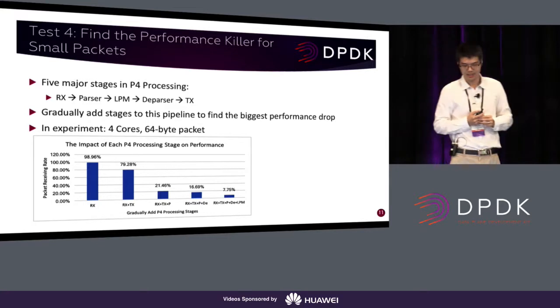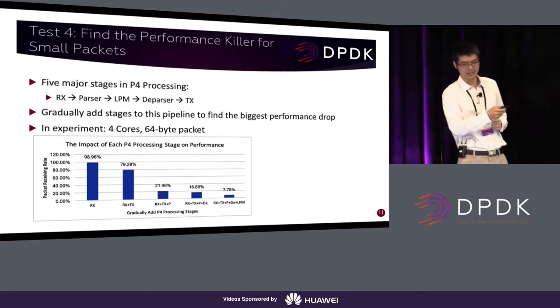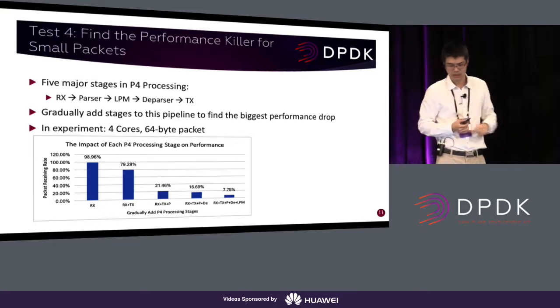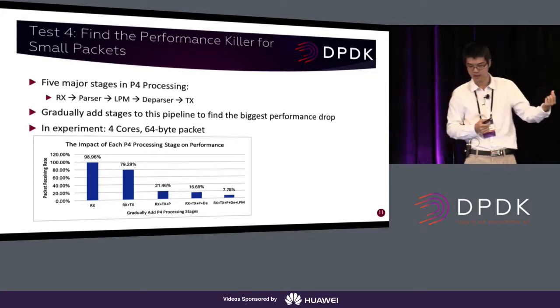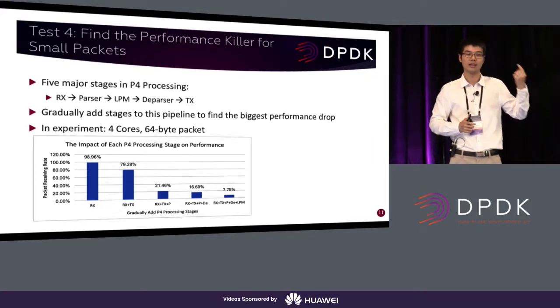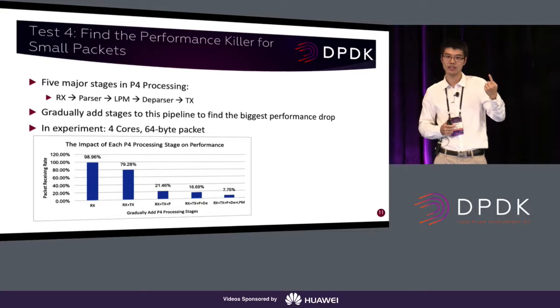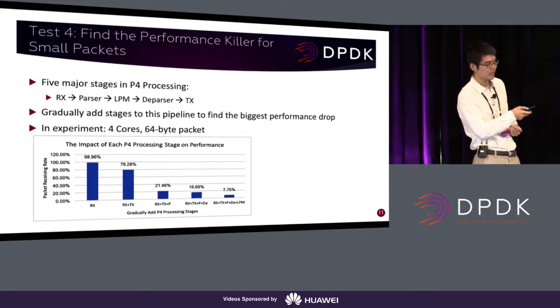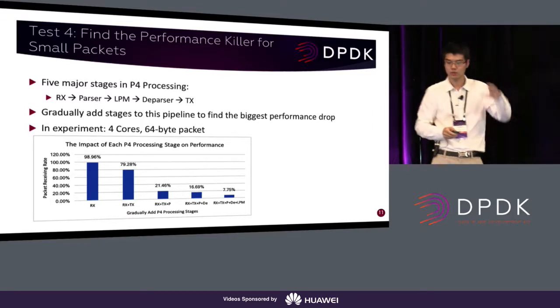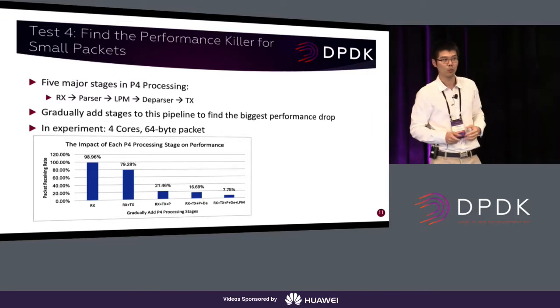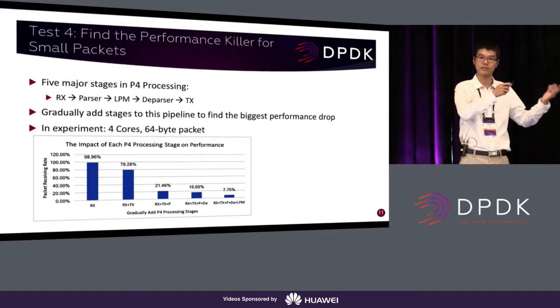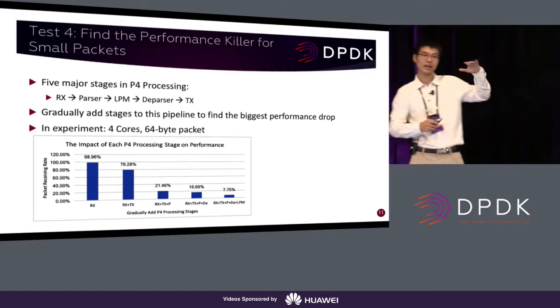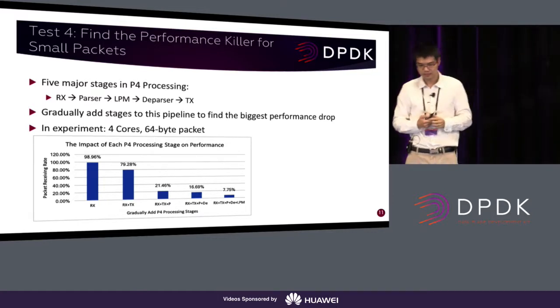So as I said, if you look at the x-axis on this diagram, the first column, the first bar, contains only a single pipeline stage, that is Rx. And the result of packet receiving rate shows that it can almost reach 100%, which is consistent with our previous Rx verification case.